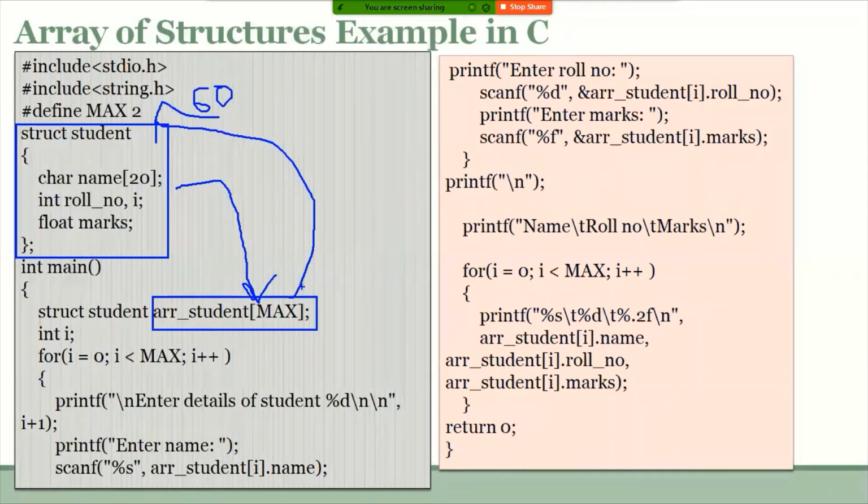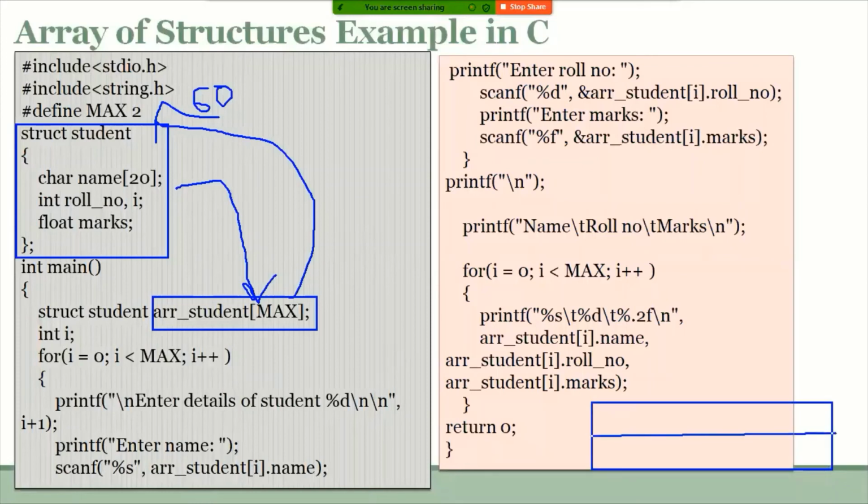By seeing this, the compiler allocates memory. So what is that memory? The compiler will allocate memory for that student array variable like this. How many locations? 2 locations. What is the first location? This is the 0th structure element, and this is 1.